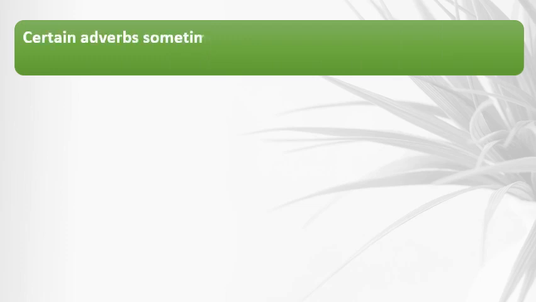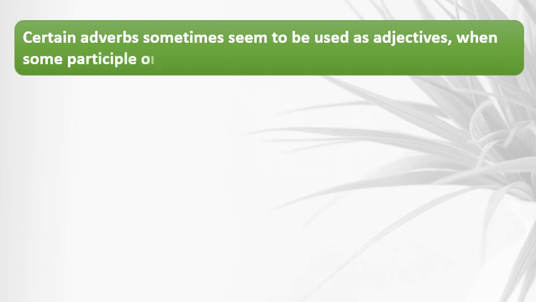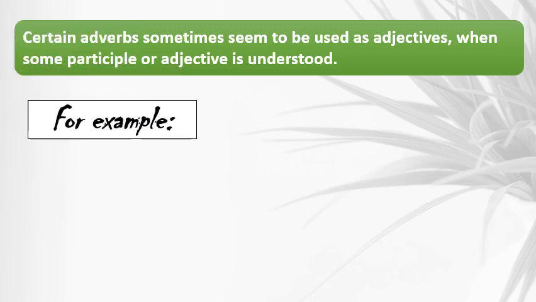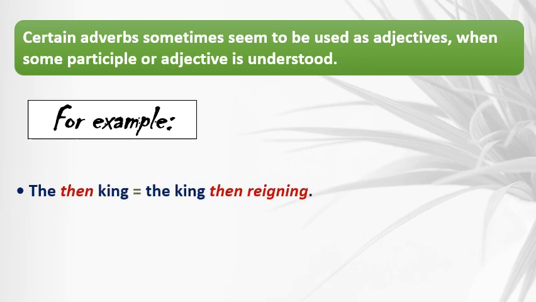Certain adverbs sometimes seem to be used as adjectives. Means sometimes adverbs seem to be used as adjectives in the sentences when some participle or adjective is understood. To clarify it, let's see some examples. The then king means the king then reigning, means ruling.